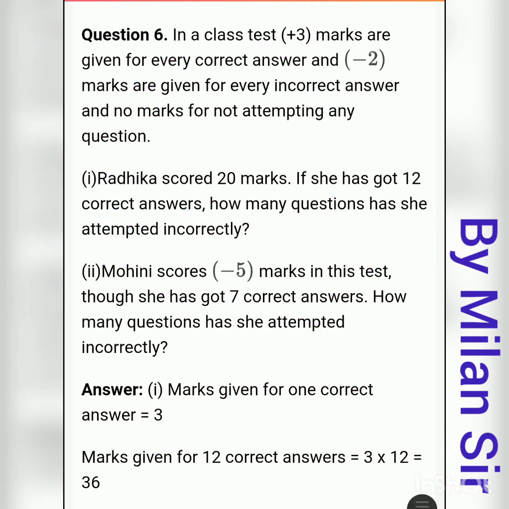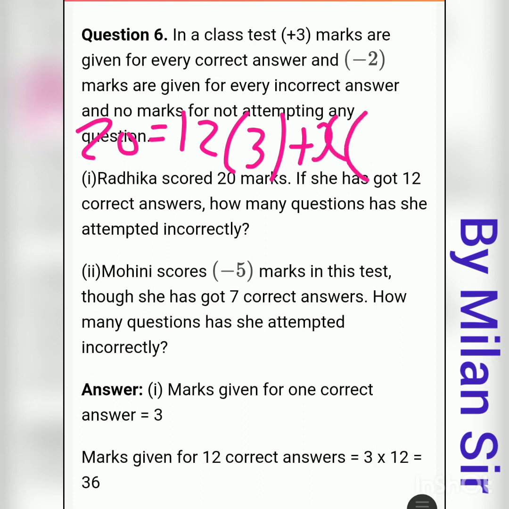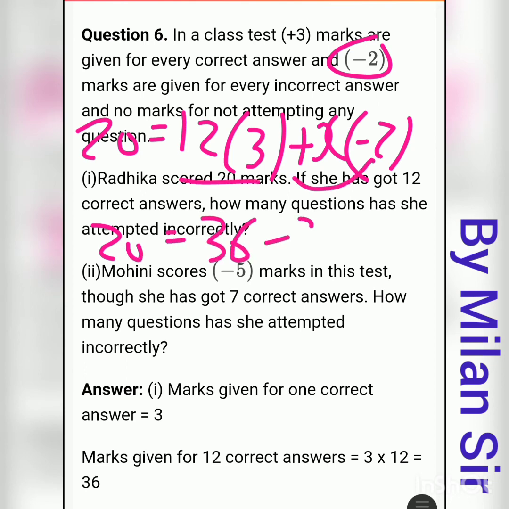Okay, again, total score 20 is equal to 12 correct answers multiply the marks plus 3, plus number of incorrect answers that we don't know, x, and marks is -2. So 20 is equal to 12 threes is 36 plus minus -2x.